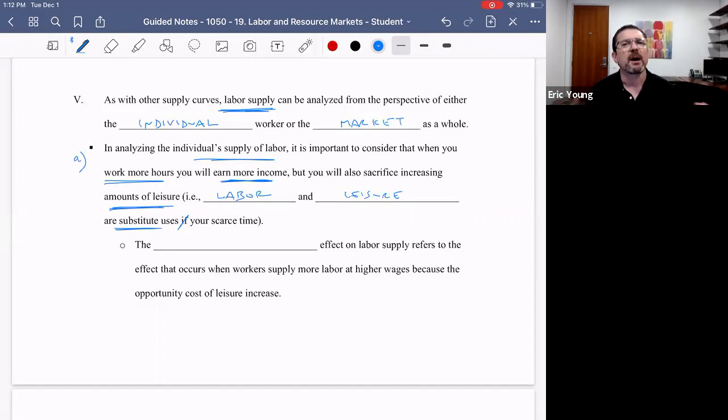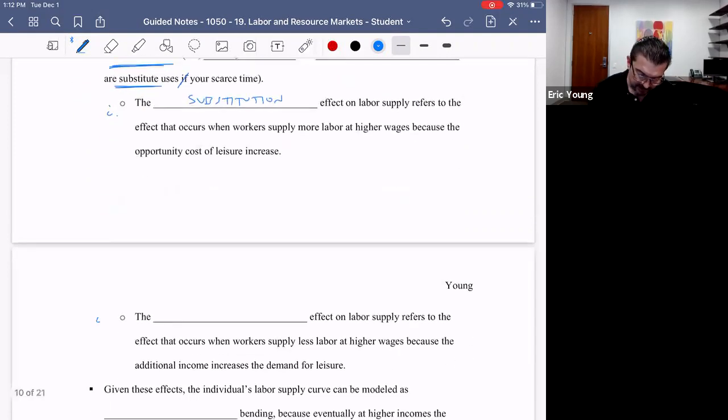When you talk about these two things together and you talk about the trade-offs, it leads to what we're going to consider two very different effects in the labor market for individuals. The first effect is the substitution effect. And the second effect is what we're going to call the income effect.